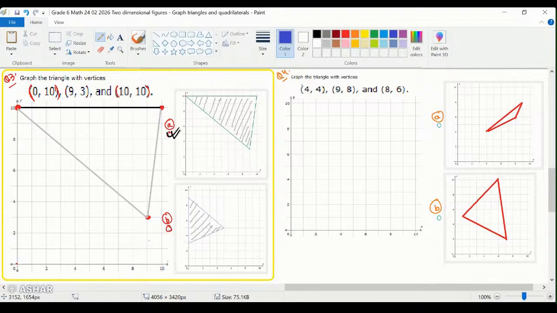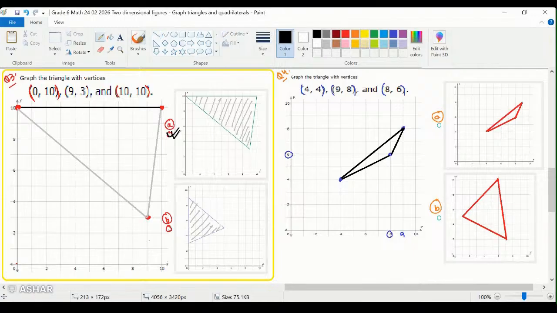So let's see which option is the correct. We have 4 comma 4. 4 comma 4 would be here. We have 9 comma 8, and then we have 8 comma 6. 8 and 6, right? So can we say once we join the points together, a shape something like this would be formed?